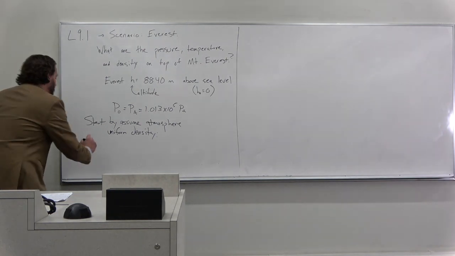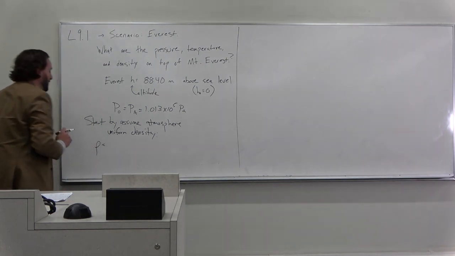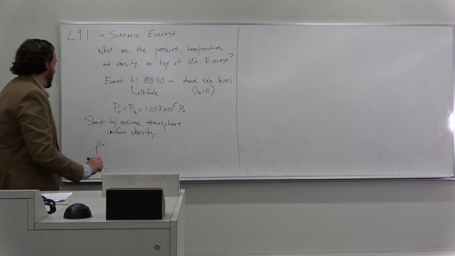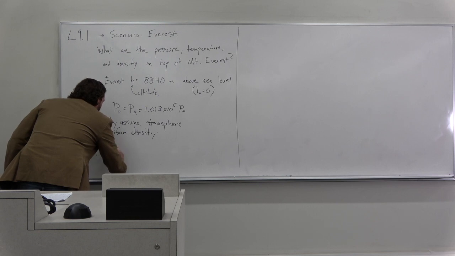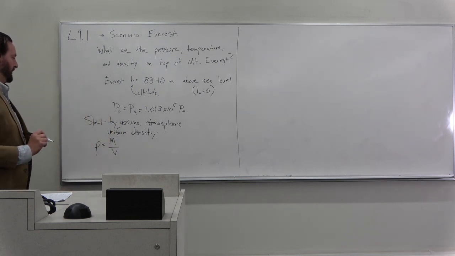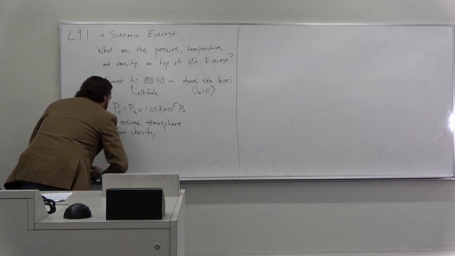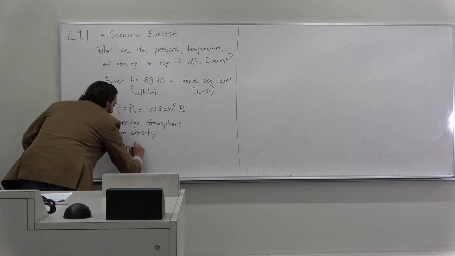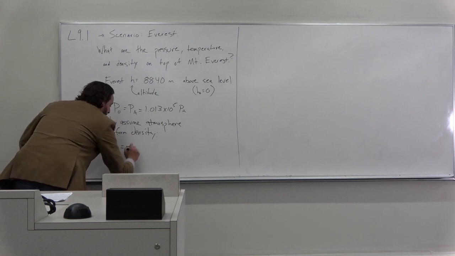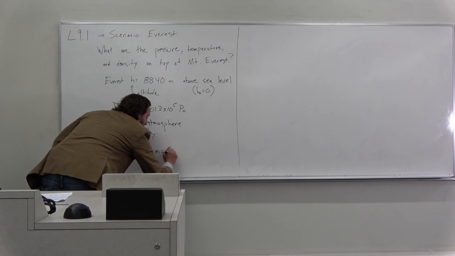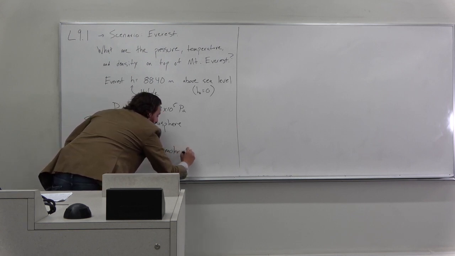Okay, so remember that the density, rho, is the mass over the volume. And I'm going to rewrite this in terms of the molar mass, little m, times n over V, where little m is the molar mass.